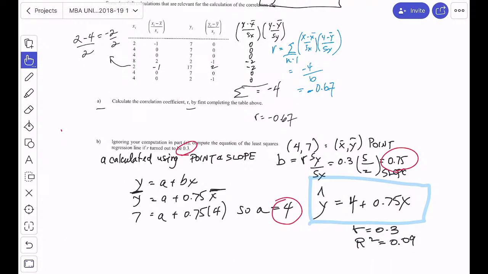Gerardo had a question about why are we using 4,7? We're using 4,7 because the least squares regression line must fall through this point. That was the first point I made in the summary on the last page. Every regression line falls through this point because these values are the position closest to all the other points in the horizontal and the vertical directions.